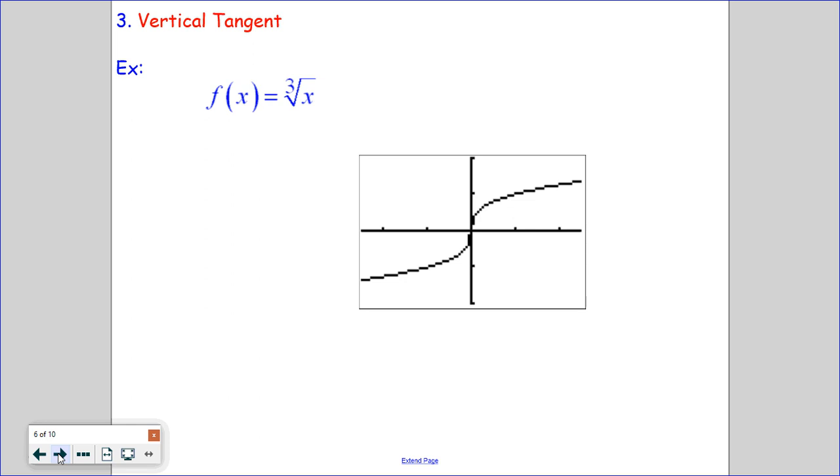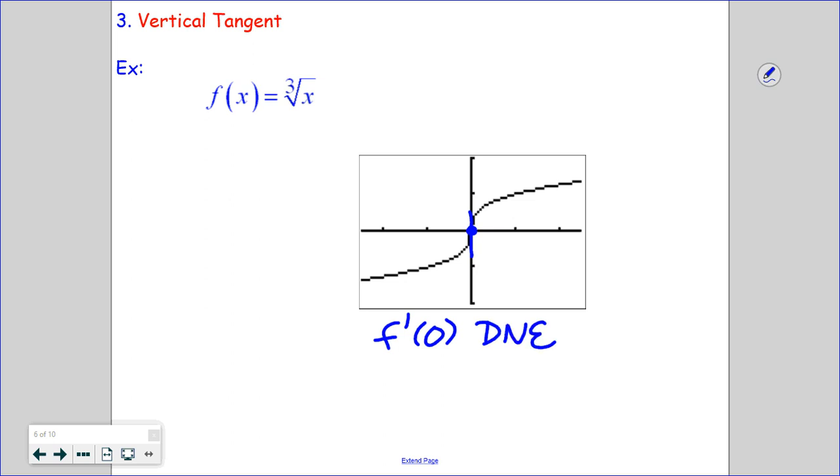So, for instance, right at x equals 0, if you draw your tangent line, it's actually going to be vertical. And because the slope of a vertical line is undefined, we would have to say that the derivative here is undefined or does not exist. So here we're saying f prime of 0 does not exist.